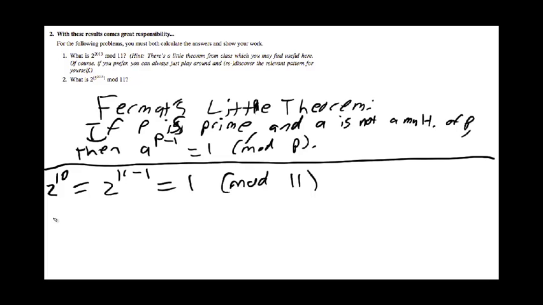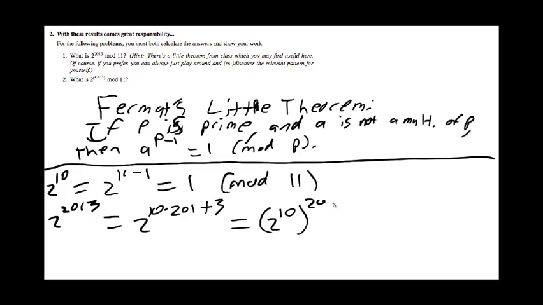So 2 to the 2013 is 2 to the 10 times 201 plus 3, which is 2 to the 10 to the 201 times 2 cubed, which in mod 11 land is, well, first we have a product of 201 factors, each of which is equal to 1 mod 11. So each of those factors we could replace by 1 in mod 11 arithmetic to get a result which is the same in mod 11 arithmetic.